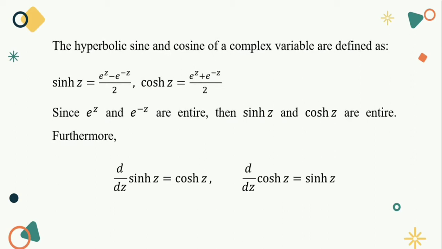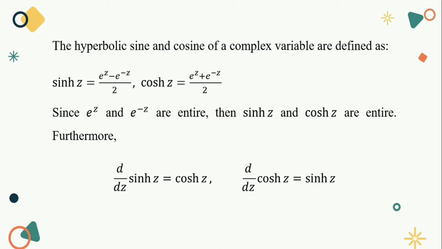The hyperbolic sine and cosine of a complex variable are defined as sinh z is equal to exp z minus exp negative z over 2, and cosh z is equal to exp z plus exp negative z over 2.